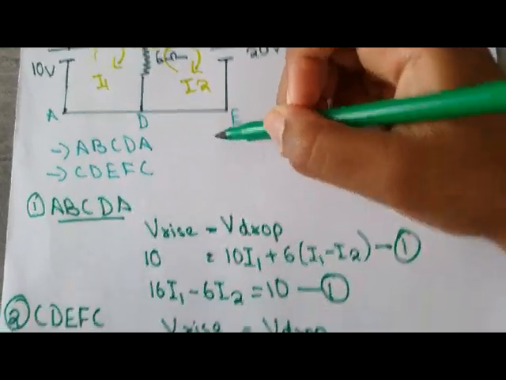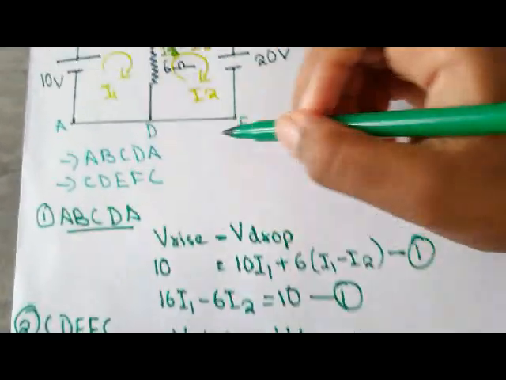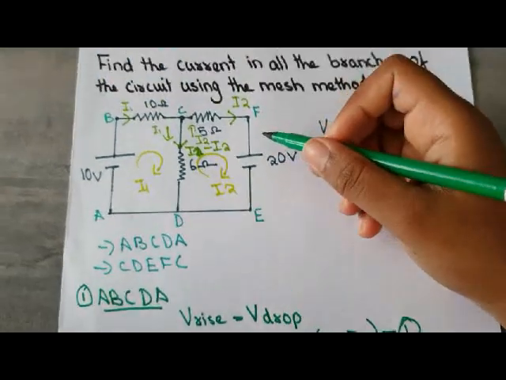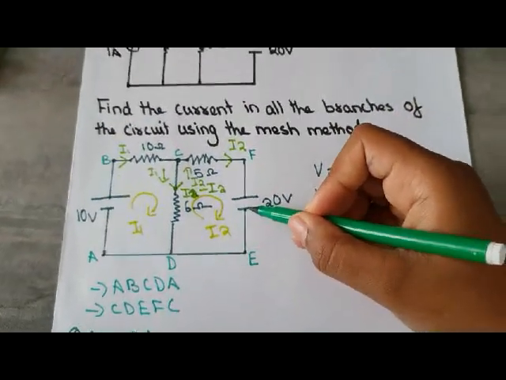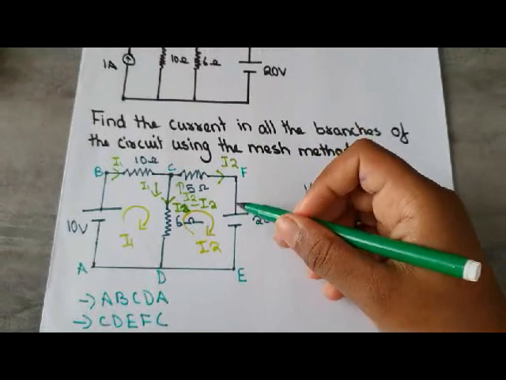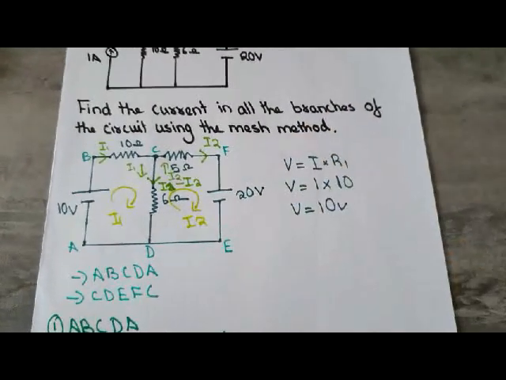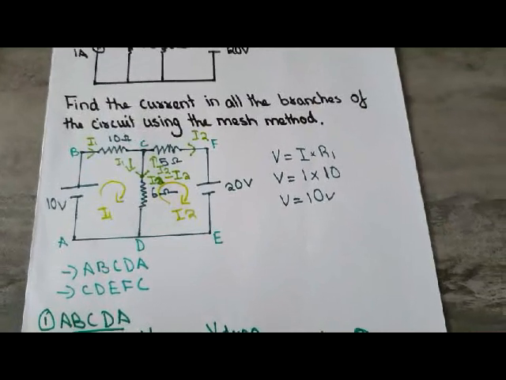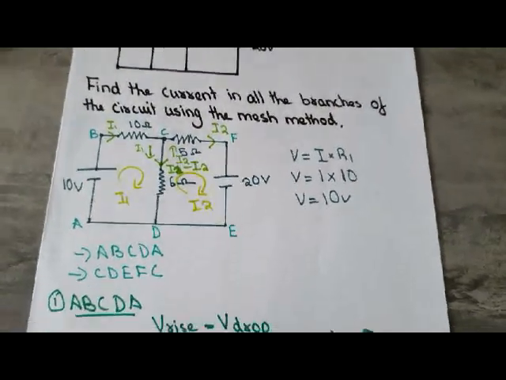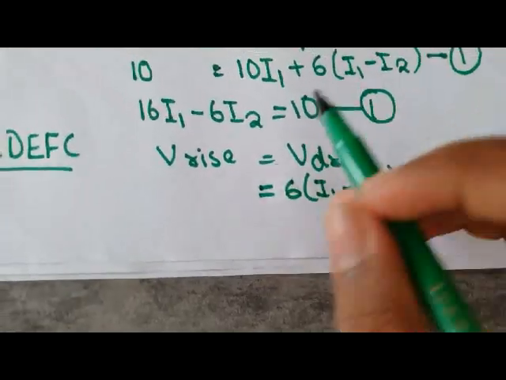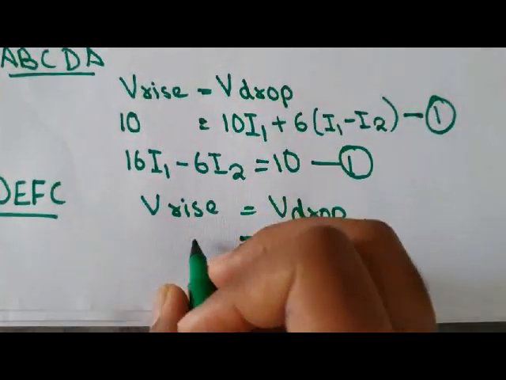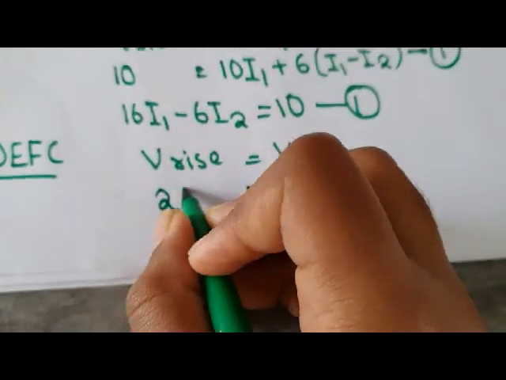Let's move on to E to F. So in E to F, if you see, we are moving from negative to positive of the voltage source. So negative to positive is voltage rise. We already know that. So in voltage rise, we can write 20.